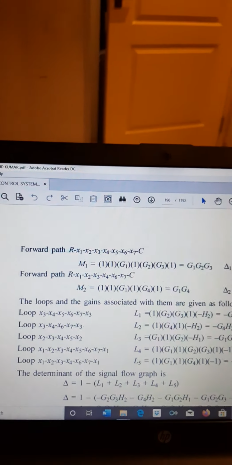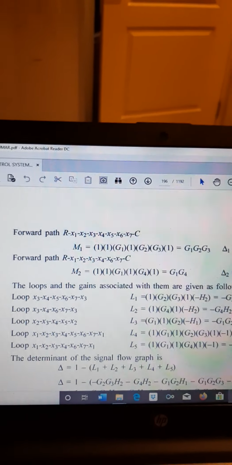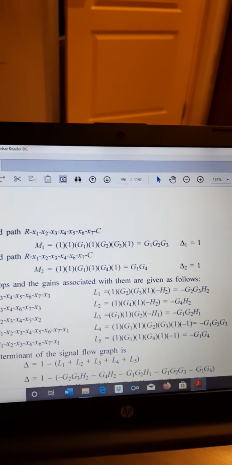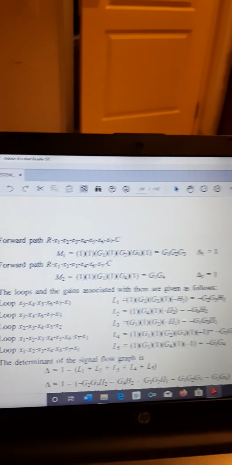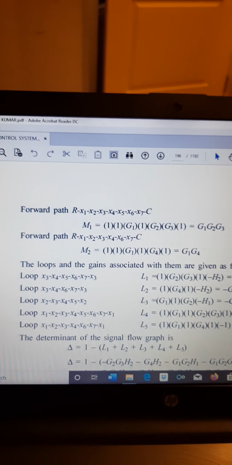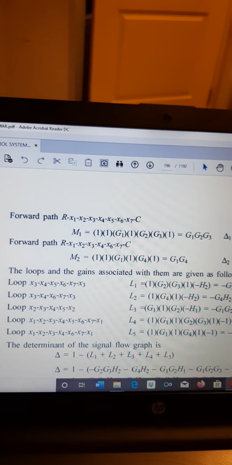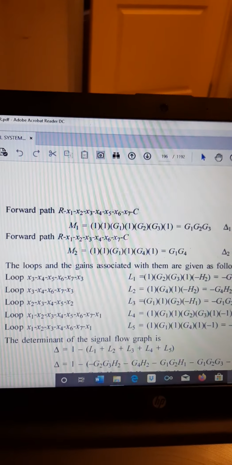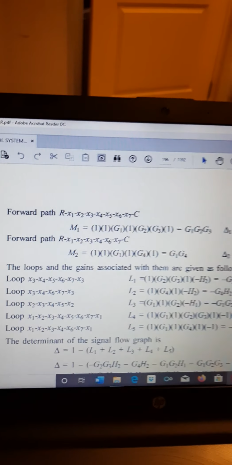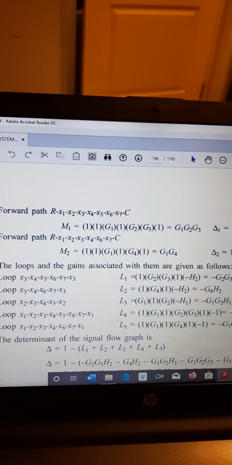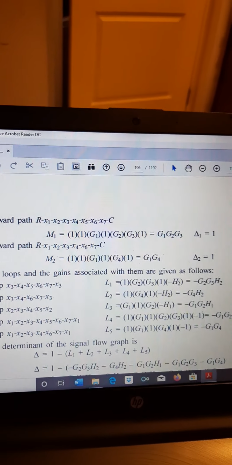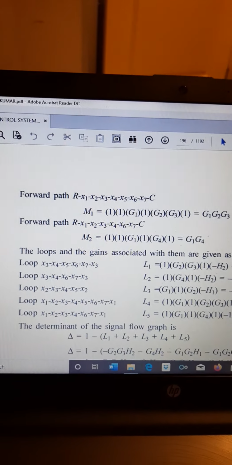This requires very good concentration to find the forward paths and loops. We may think that it is only 3 loops, but it may have 5 loops. Sometimes you may think that it's 5, it may be 3, like that. You should be very careful when you are finding the loops. And here in this problem, there is no overlapping, there is no non-overlapped loops.